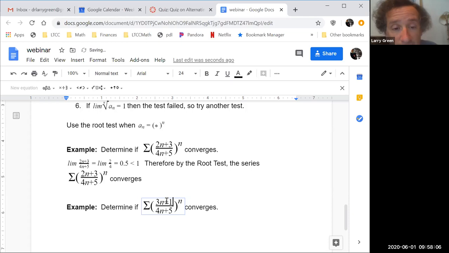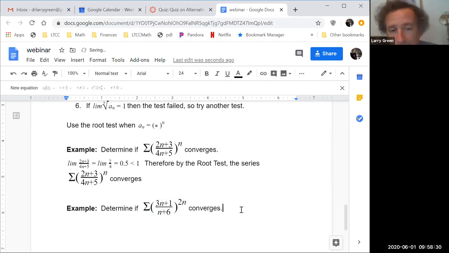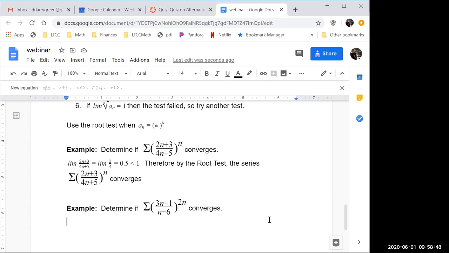What if we had (3n+1) over (n+6), but not n power, 2n power. All right. What test do you think will be best for this one? Root test. Yeah, we can still use a root test.